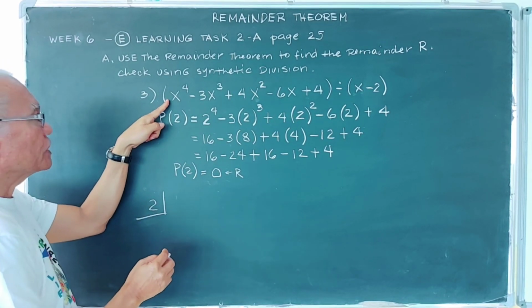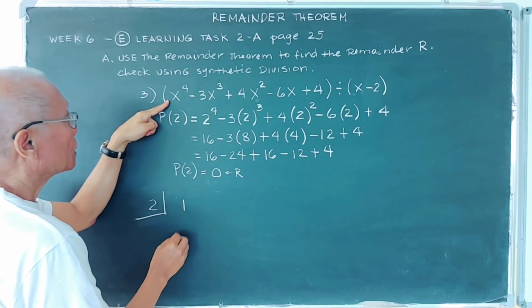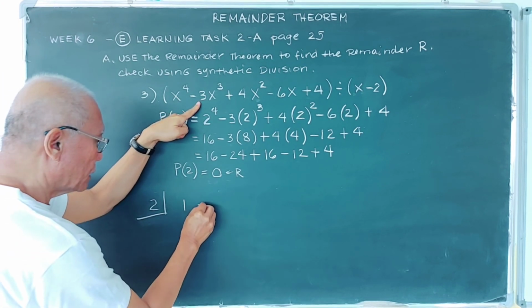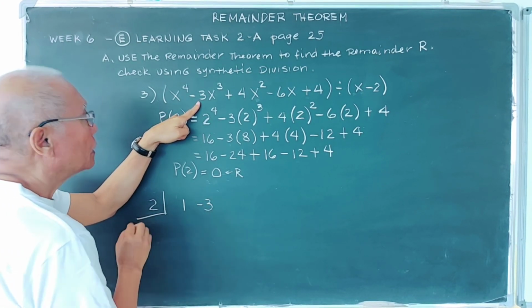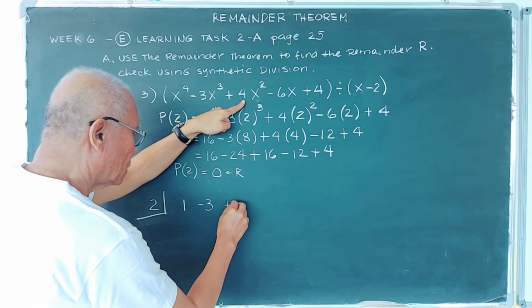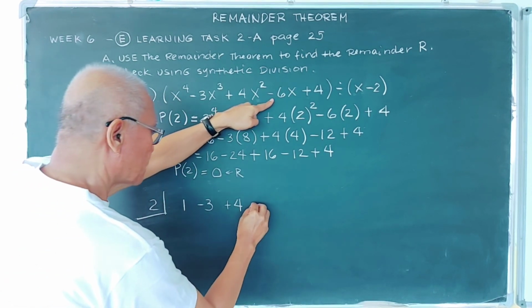So, numerical coefficient na pinakamataas, x to the fourth is 1. Mga cube is negative 3. And then x squared is positive 4. And then negative 6.